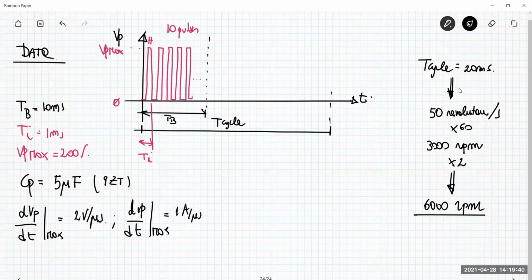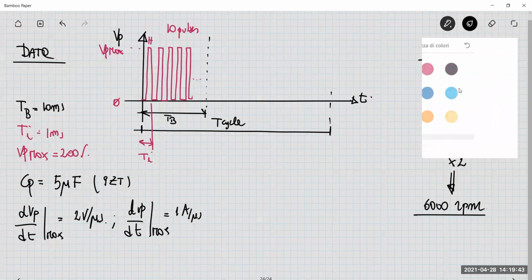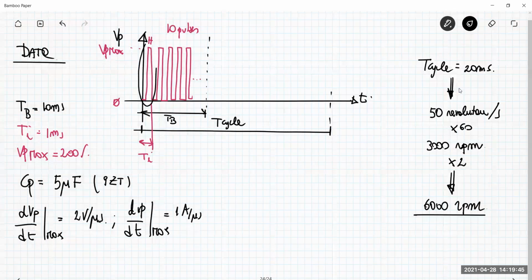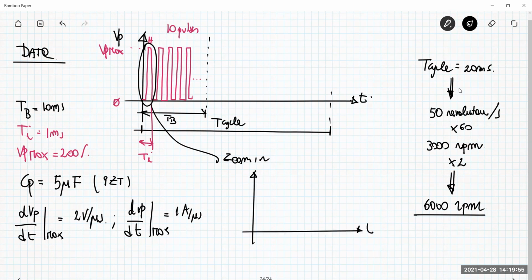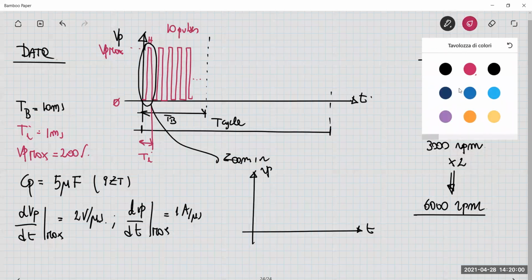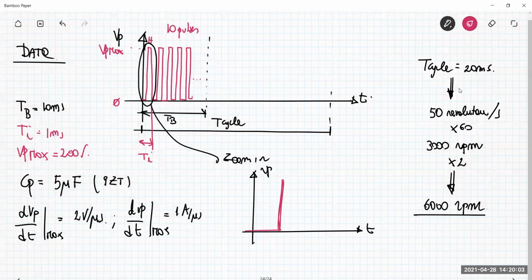Okay, let's amplify these pulses, zoom in, because this is the pulse in which we are interested. We have time, this is VP, something like this. The ideal pulse that I drew in the picture is something like this. I have 0, I have TI, this is VP max, and this is 200 volt.